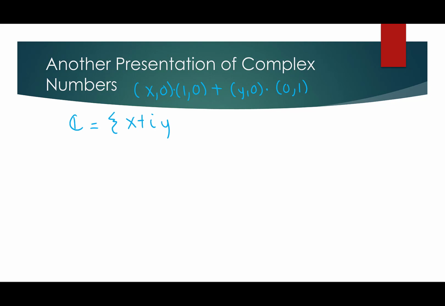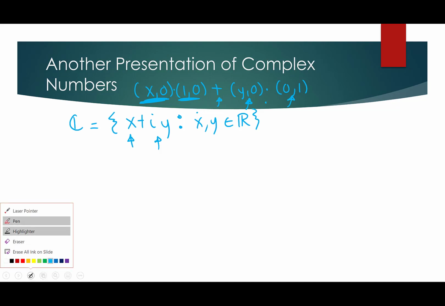I can think about complex numbers as x times 1, which is what we have here, plus y times i, which is what we have here. By the way, I didn't mean to put a little dot there. So here's another presentation of the complex numbers.